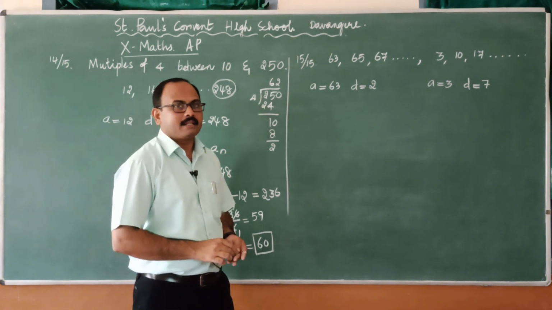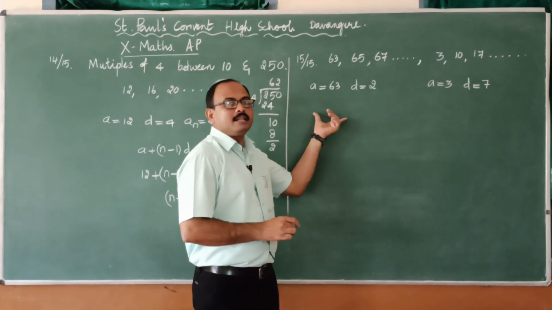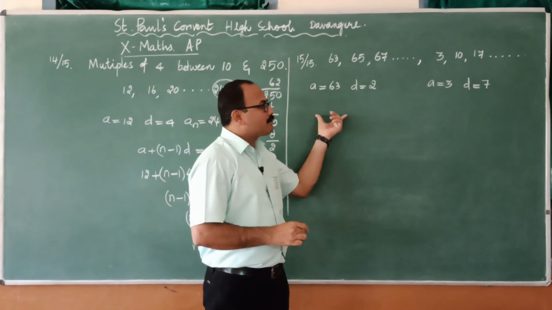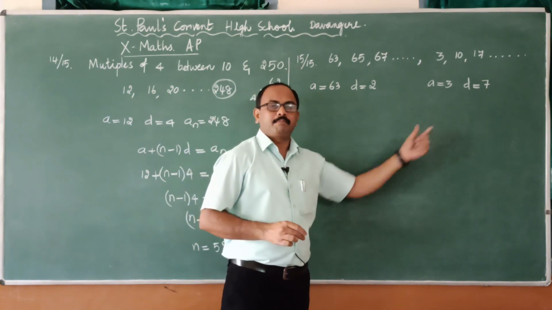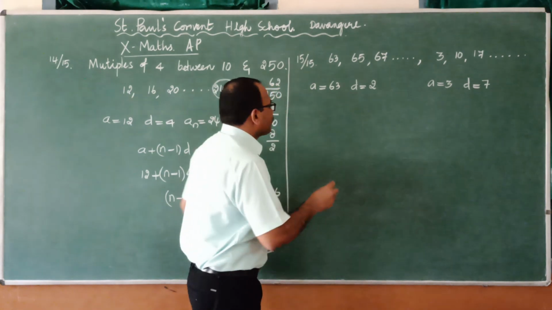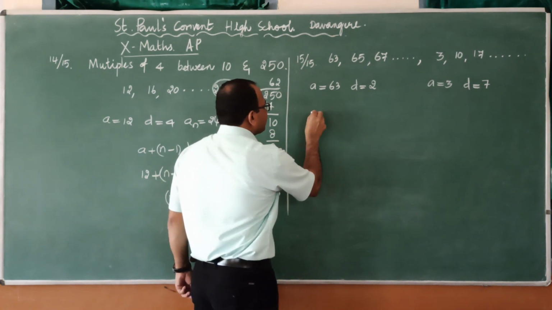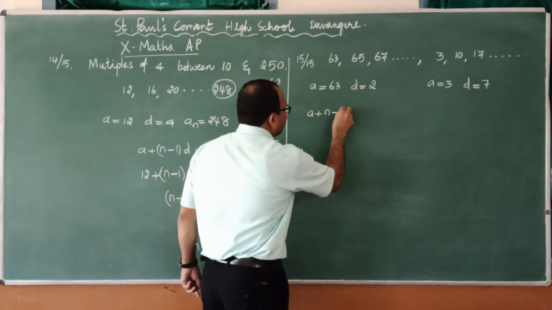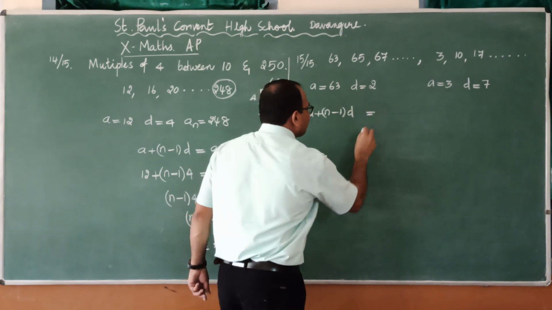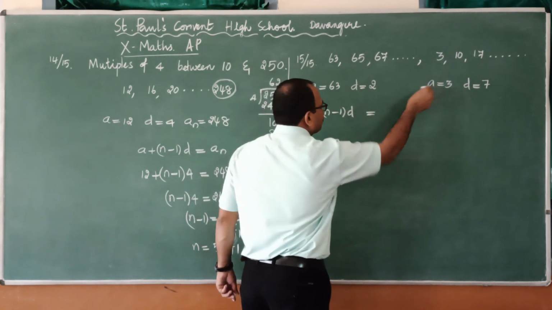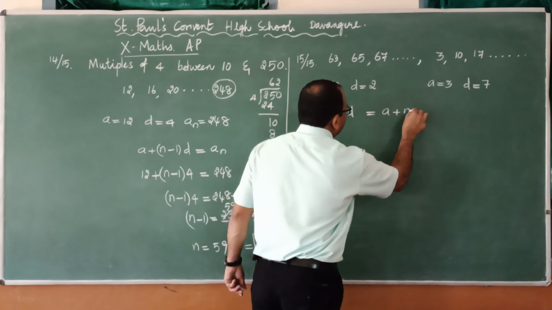We have to consider that the nth term of this AP will be equal to the nth term of this AP. Therefore, in this, a plus n minus 1 into d will be equal to the nth term of this, children.